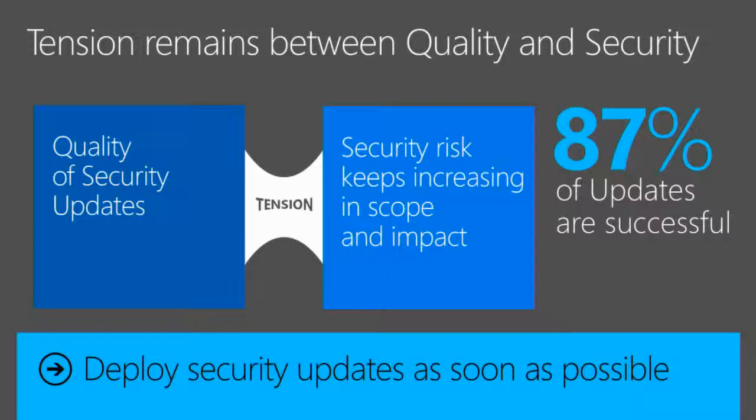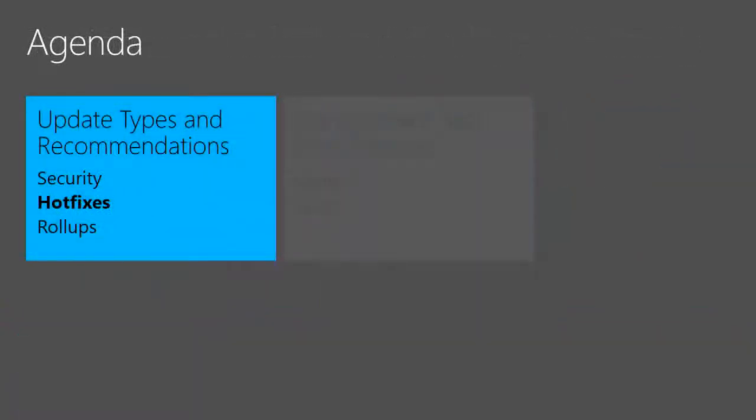As a matter of fact, in Mike's session, a gentleman came up to me and said that they've had some problems in their environment because they were missing non-security updates. They weren't up to date. They only updated security. And there are other updates that sometimes have dependencies or in a particular environment are needed to run well. So this takes us to the second category of Windows updates, which are hotfixes.